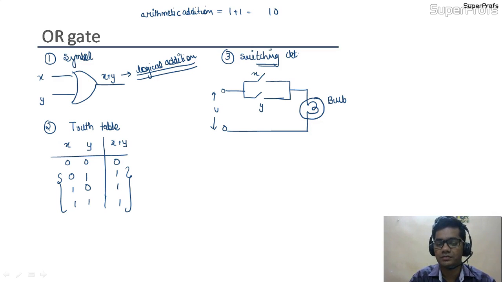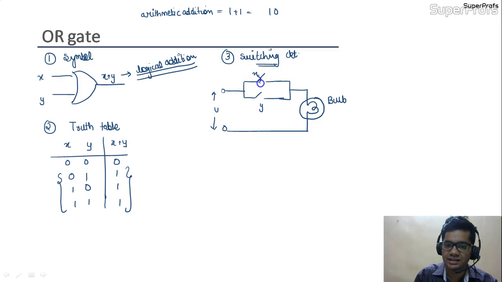Therefore the bulb would be on, because there is a flow of current through the Y switch. But if both the switches are in on condition like this, then also the bulb would be on, because the current would pass through this, and we are getting the current through the bulb. So this is the switching circuit for the OR gate.